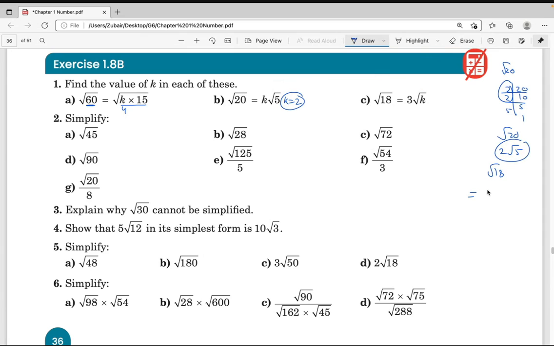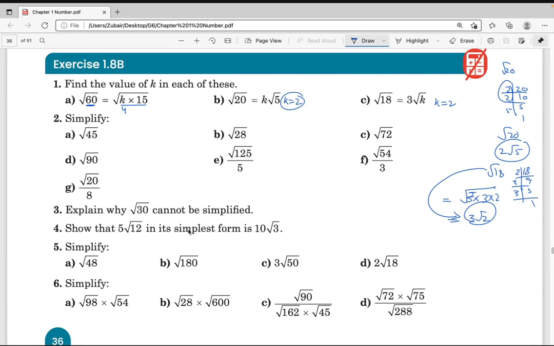Square root 18 is 18, 9, 3, 3, 3, 1. So what can we write for square root 18? That is 3 into 3 into 2, which becomes 3 square root 2. Okay. So square root 18 could be written as 3 square root 2. Now see what k is. 2. Okay, my bad. K will be 2.